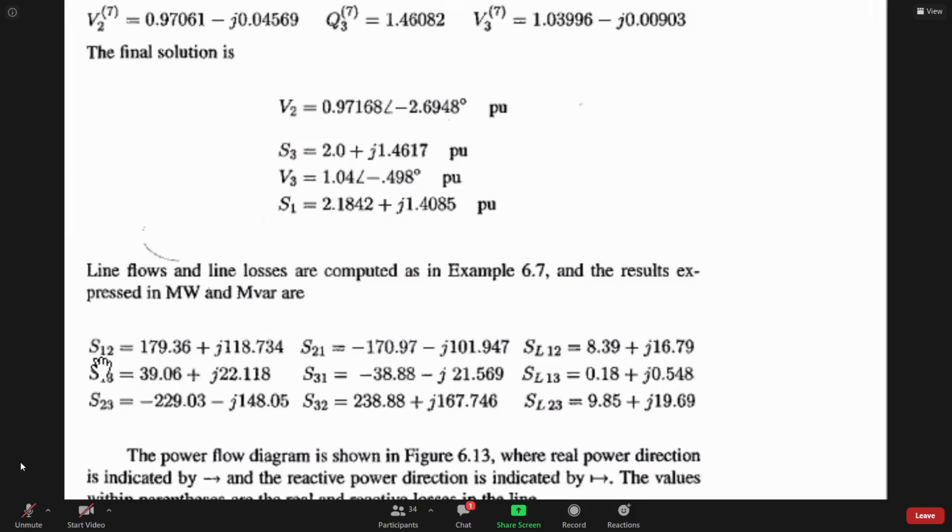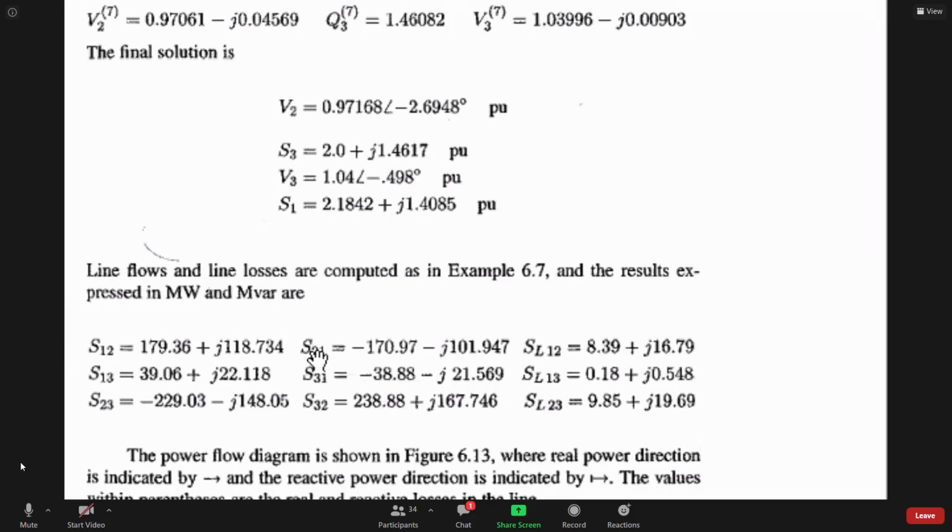Now, can you find S12? The result is given. Can you justify that result? Yes, you have to calculate that, and S21 you can find.